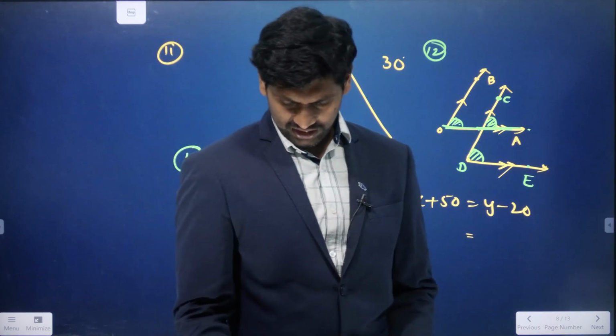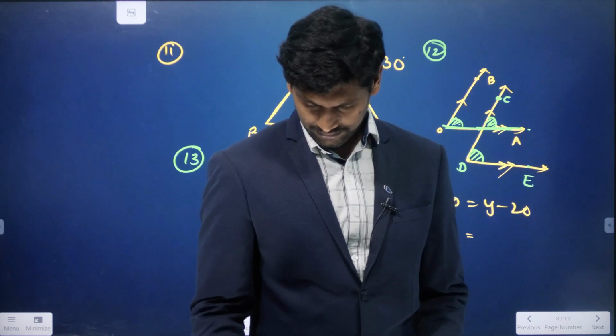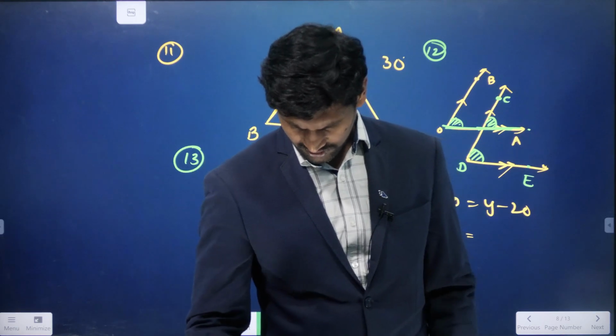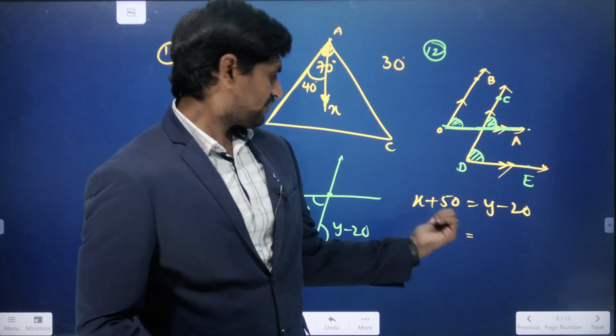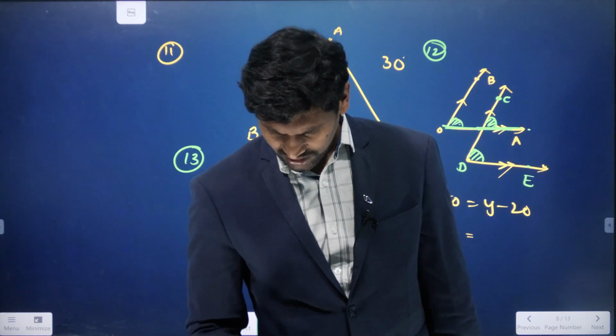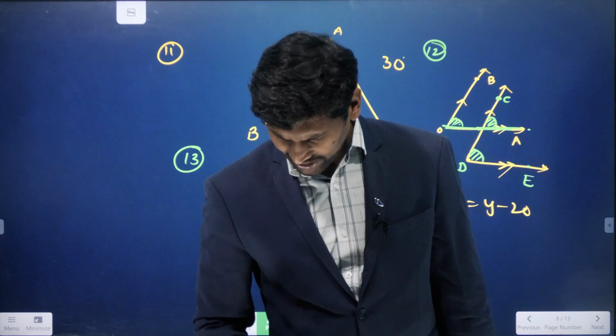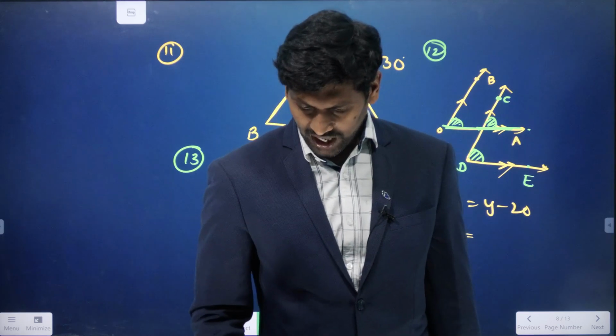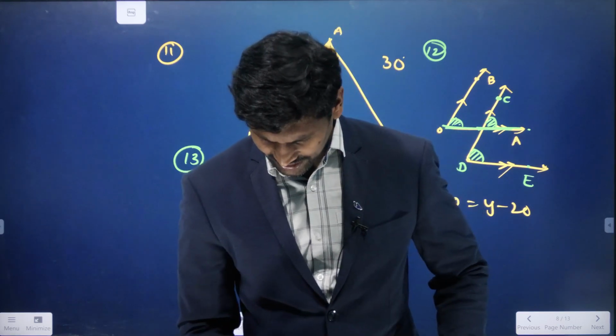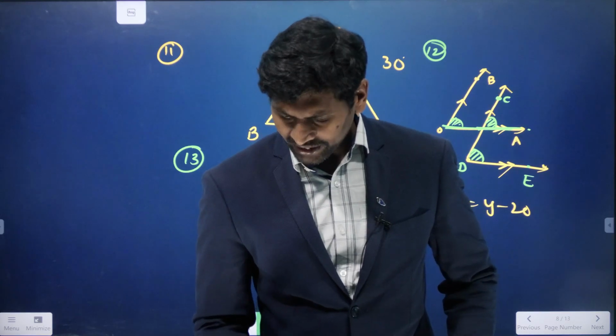So from this we can say what we have to find actually: x plus 50 equals y minus 20. Find the values of x and y respectively. And also here one statement is given that x and y are complementary angles.